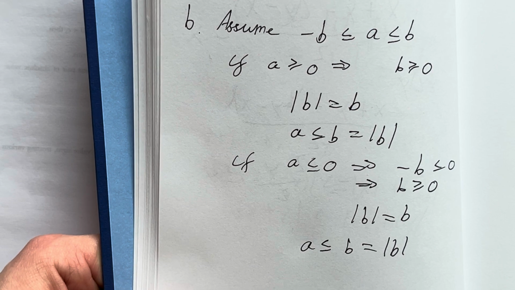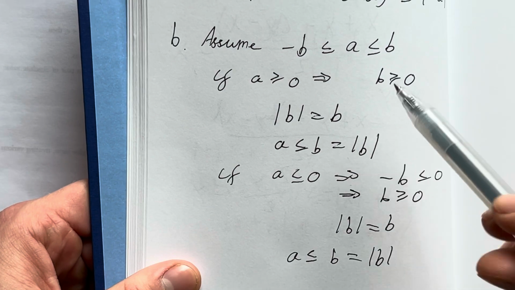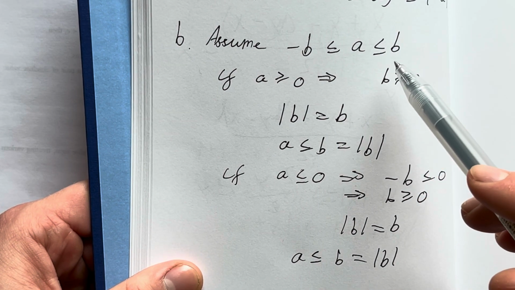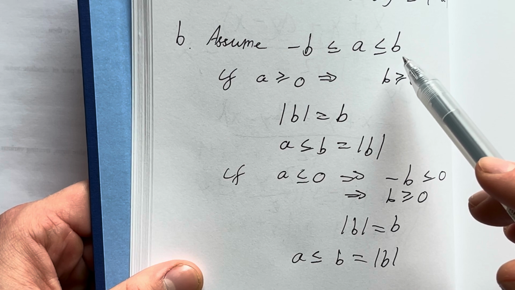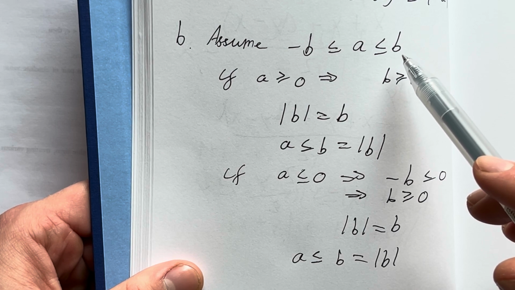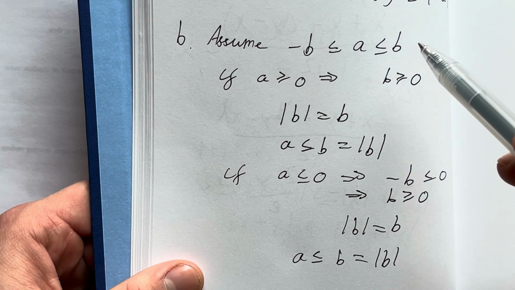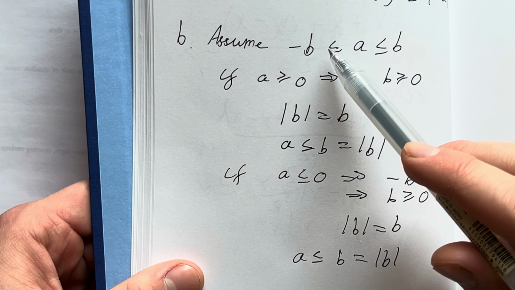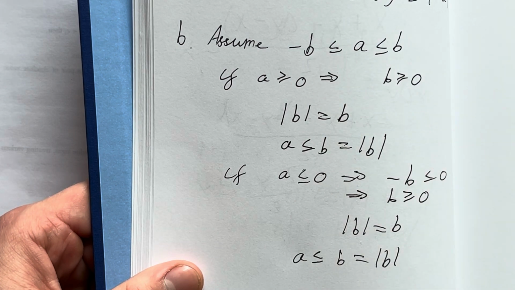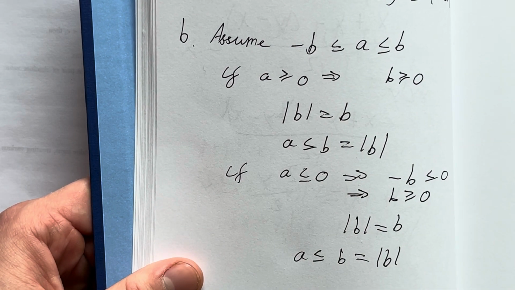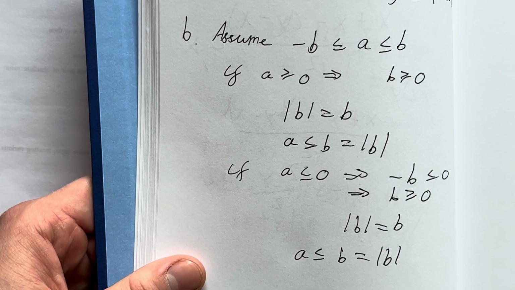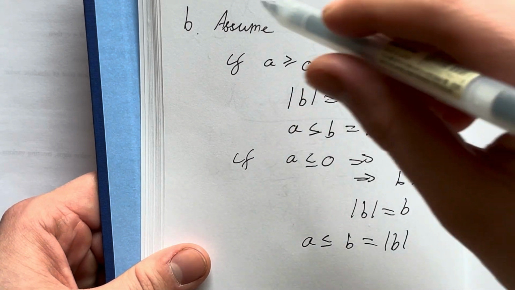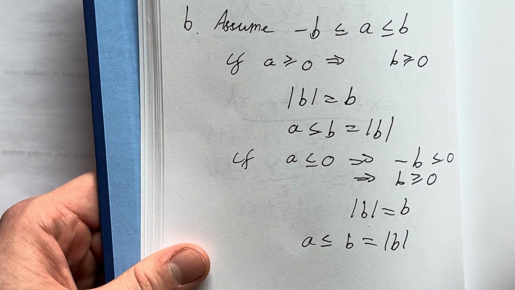But no, there isn't, because if b was negative, then minus b would be positive, and this chain of inequalities just would never be true unless b is equal to 0. So thus we've proven the first direction of the if and only if premise.